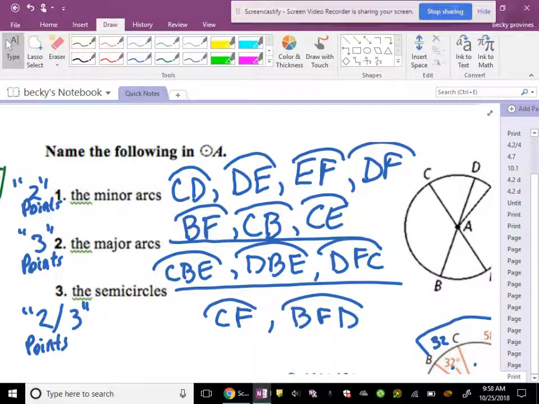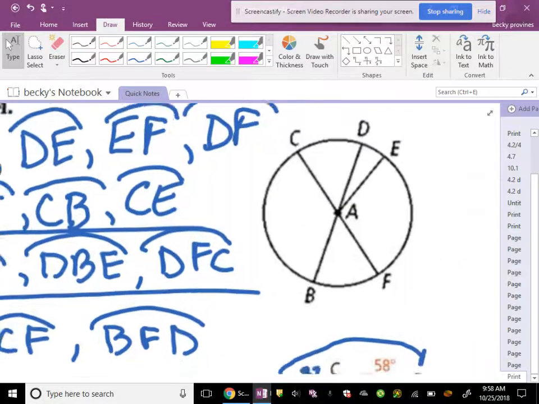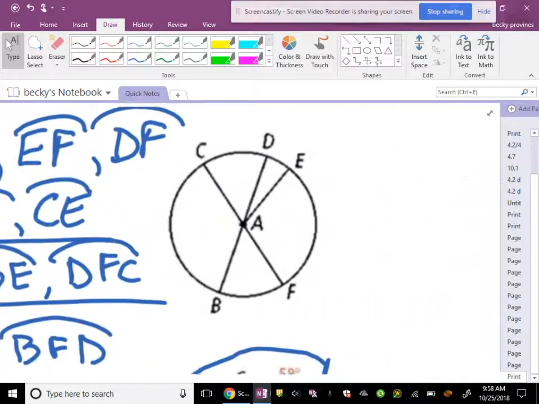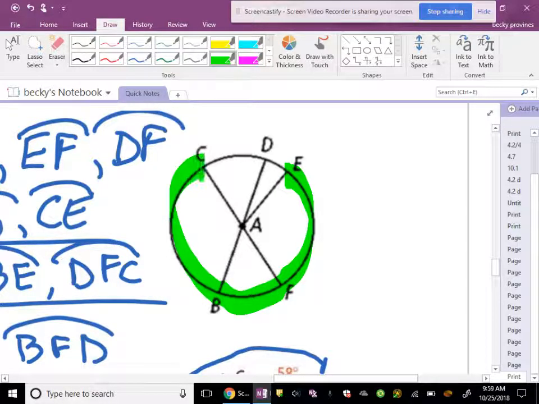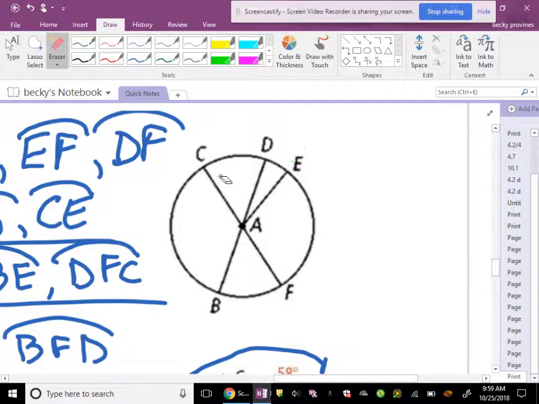Now, for the major arcs, we need it to be more than 180. So start with any point that you like. Okay, that's a minor, that's a minor, that's a major. So you could write that one down. That would go from E, and you could say B or F, all the way to C. Now let's pick a different one to start from. I'm just randomly picking something.